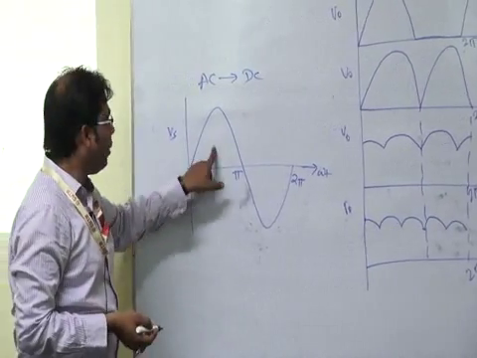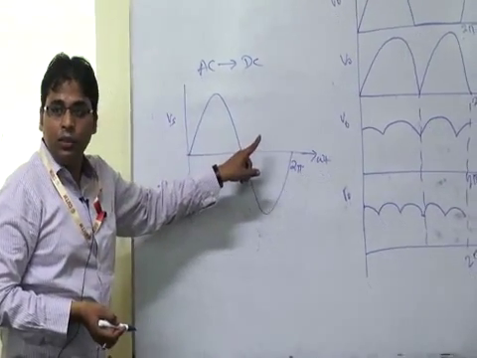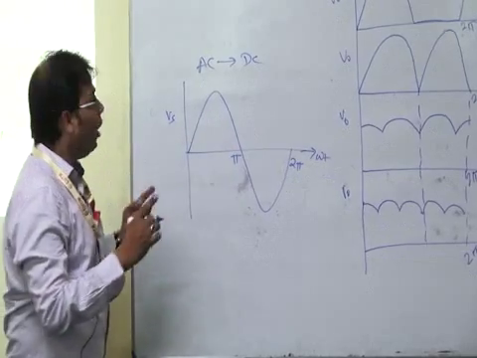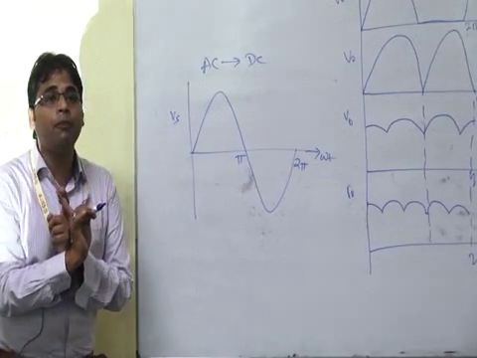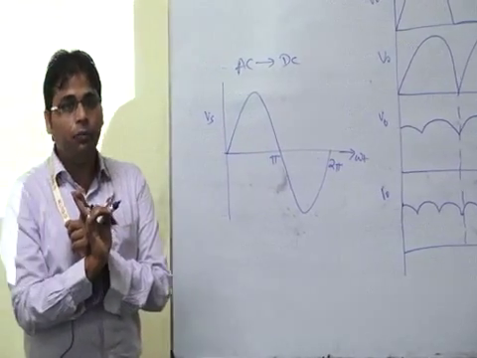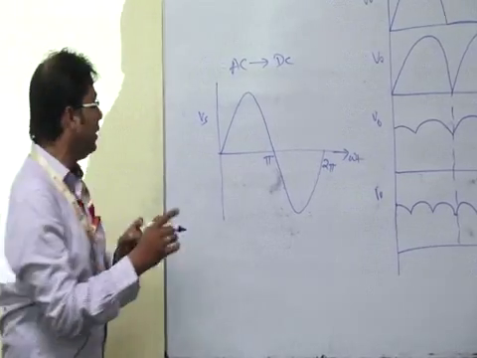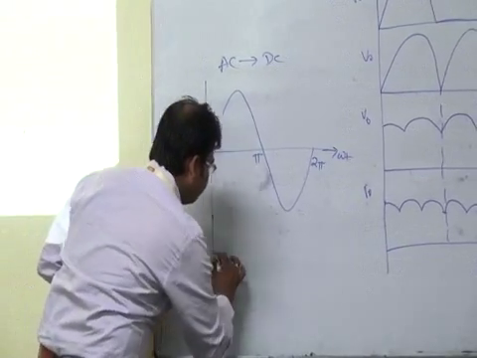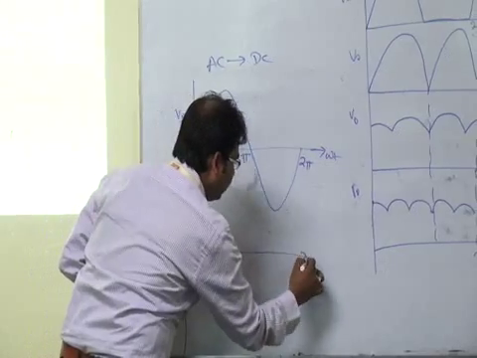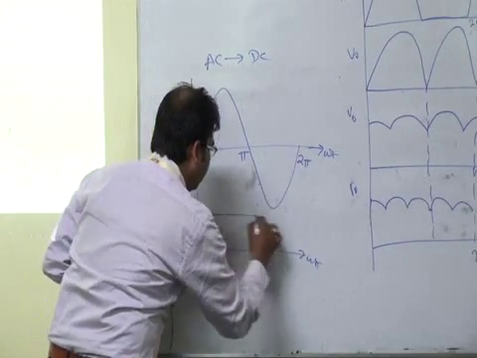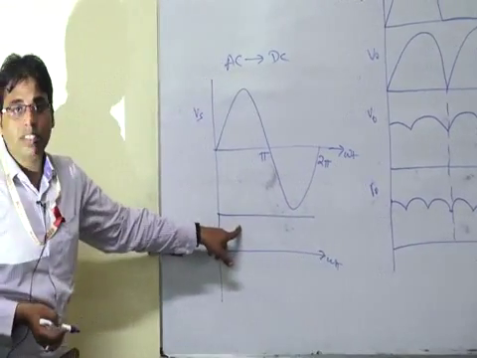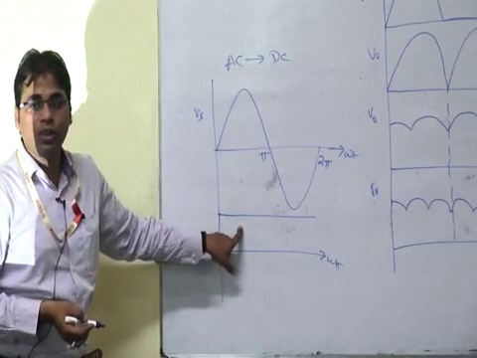If you are talking about single phase, this is my source voltage, the AC signal. Now, if you want a ripple free constant DC, how does it look? If this is your 0 axis, it will have a constant value.